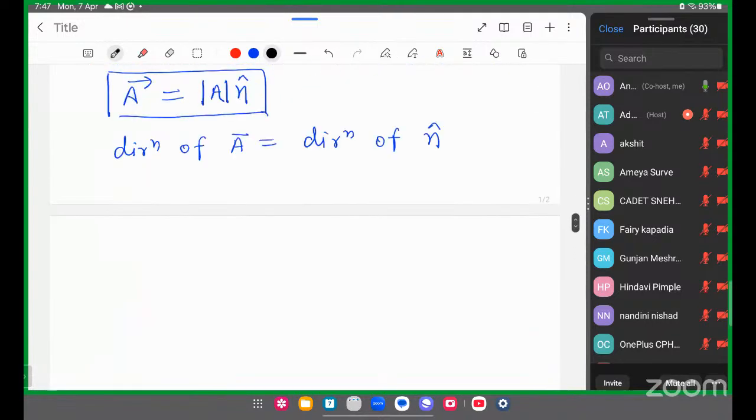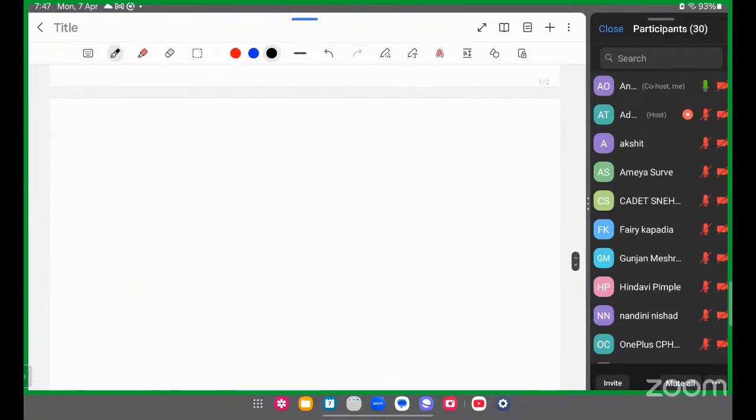Let's look at different cases of angle theta. Case number 1: this is electric field E and the surface is perpendicular to the electric field.